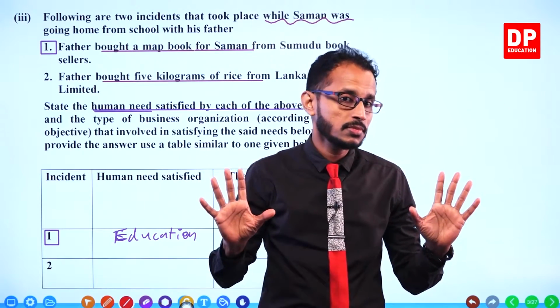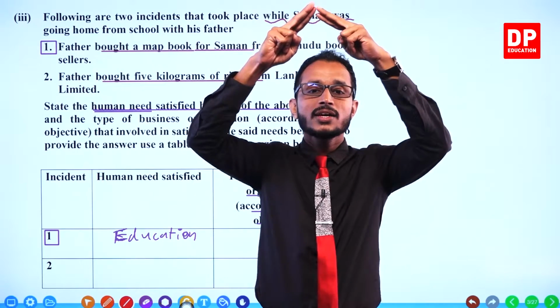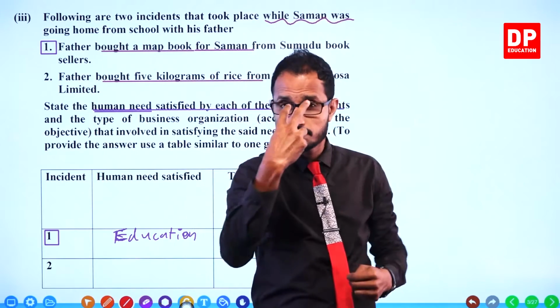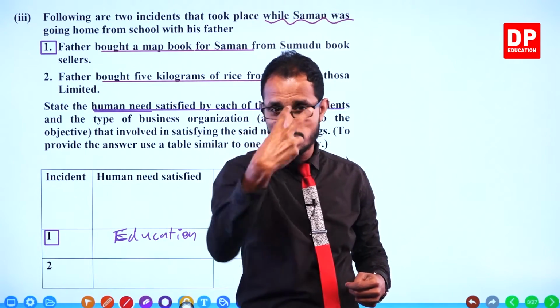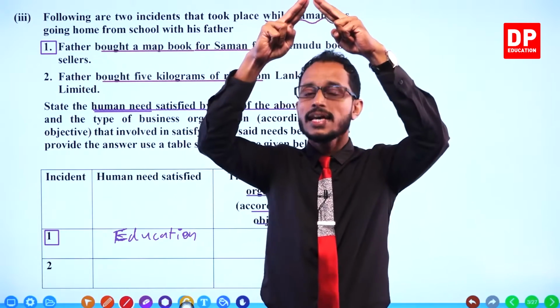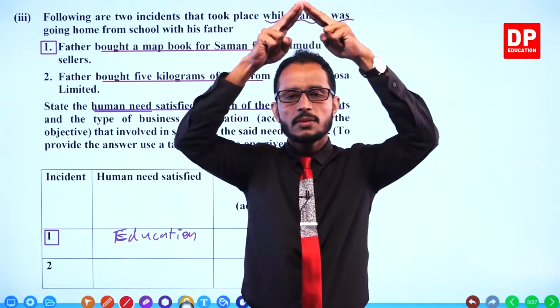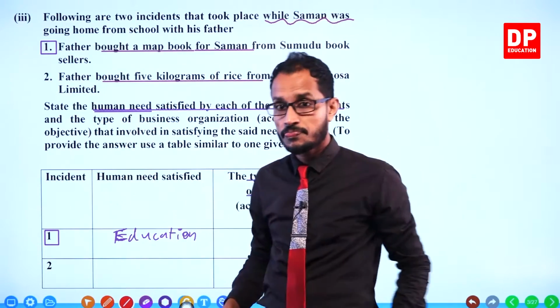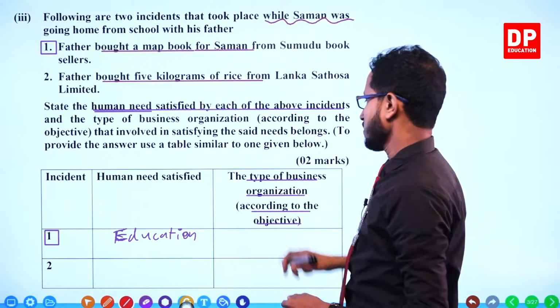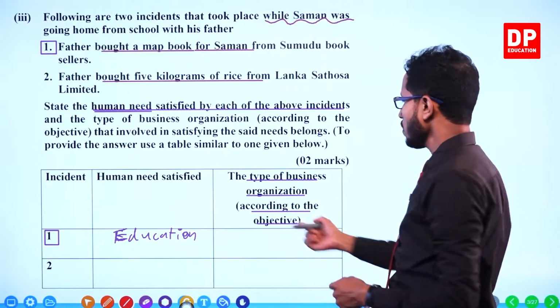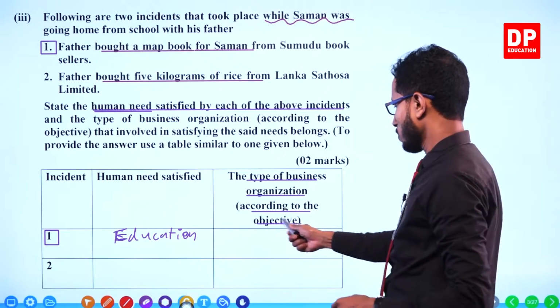According to the target of businesses, profit objective, non-profit objective. That means profit oriented, non-profit oriented. Those are the categories they're asking here.